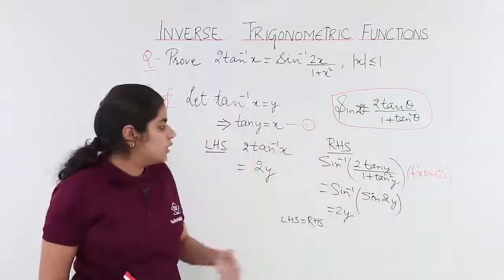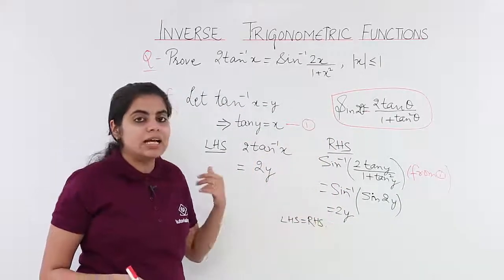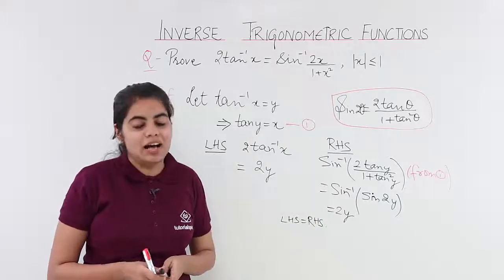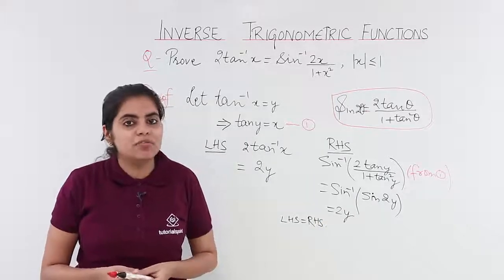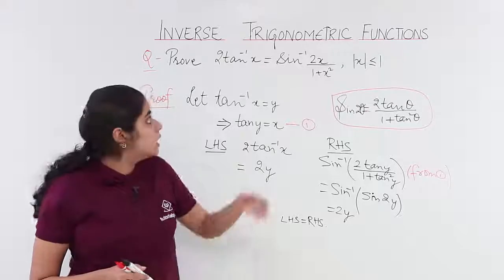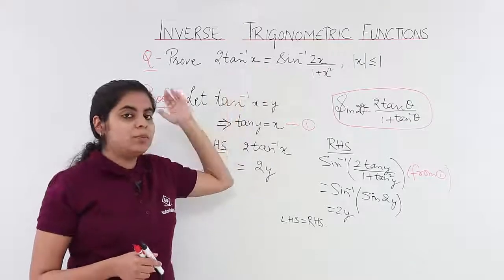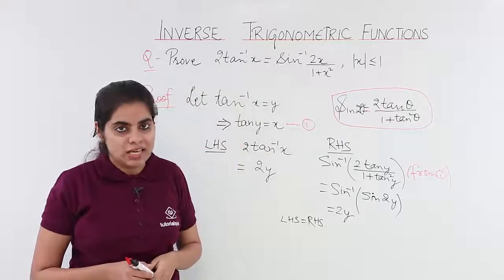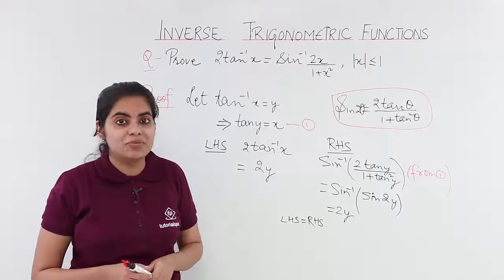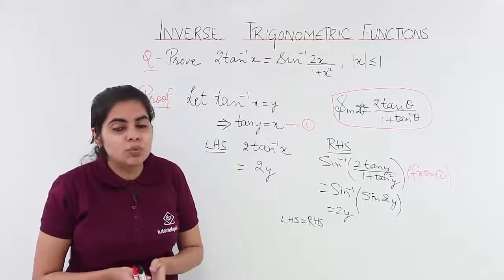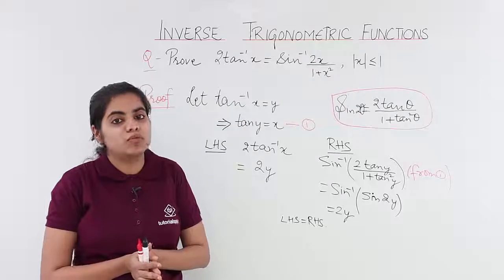Once you substituted, you found out that the results at the left hand side and the right hand side are the same. So I have the formula in front of me, tan inverse x multiplied by 2, that is 2 tan inverse x, in the form of sine inverse. In the next video, we will also be seeing the same formula but in the form of cos inverse.